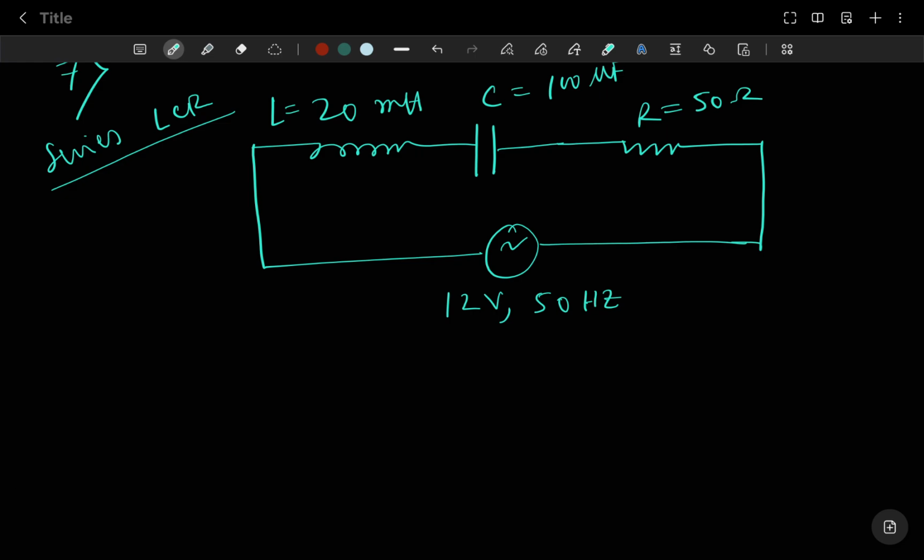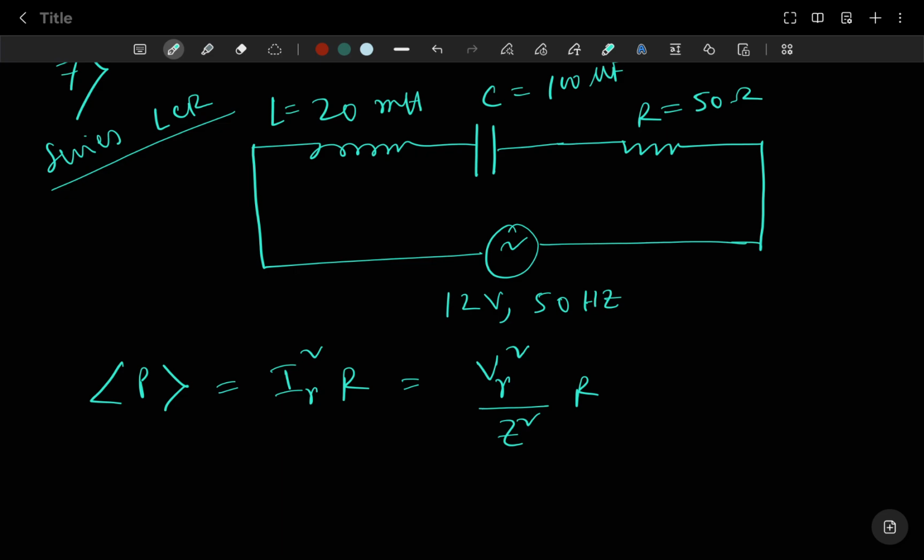The average power will be I R square R. So it will be basically R I know, but I R I have to get. So V R as I know, so in terms of V R I should write. So V R square by Z square, into R. Now I can find Z, because all quantities are given.